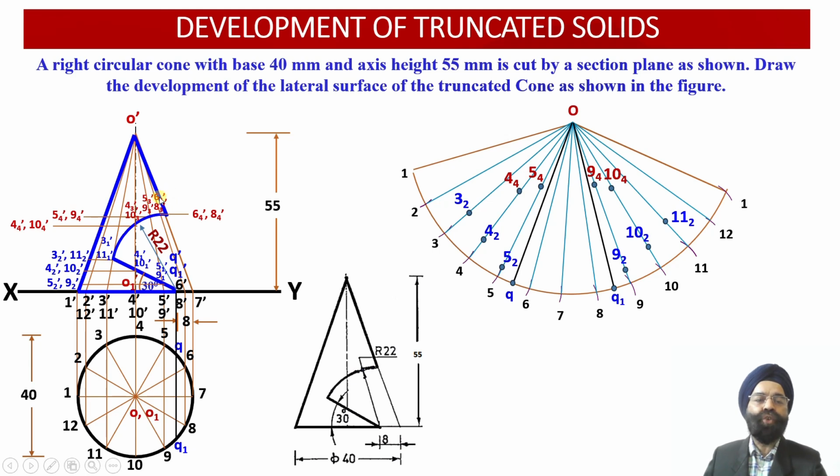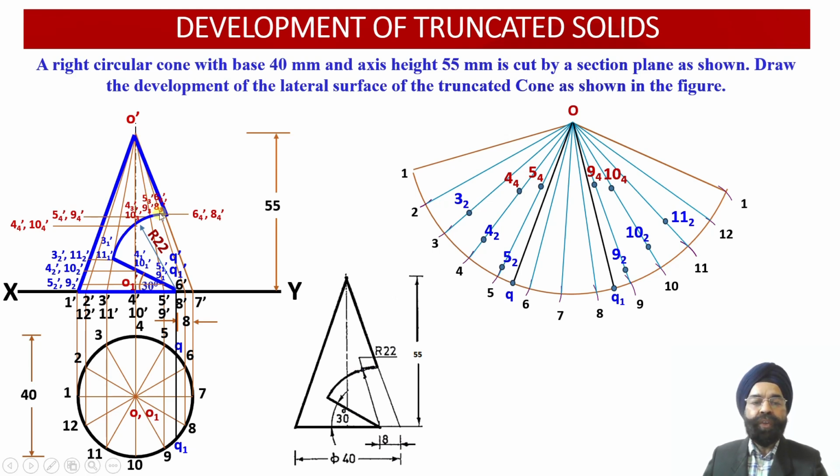I could have marked these 2 points as 6-1 dash and 8-1 dash because now these slant generators O-6 dash and O-8 dash, they have not been intersected previously by the straight line inclined plane, but we want to maintain the parity over here. All the points lying over here, they will be marked as 6-3 dash and 8-3 dash over here. So that is why suffix 3 we have used over here. But again, the radii corresponding to O-6-3 dash and O-8-3 dash will represent the apparent length of the radii.